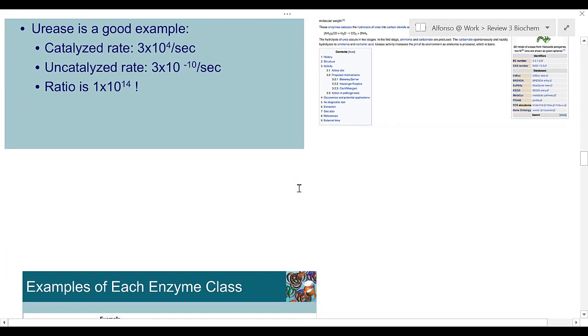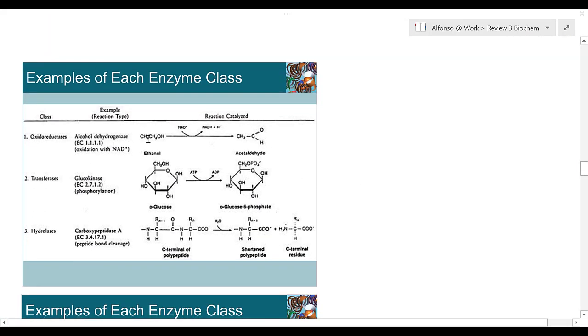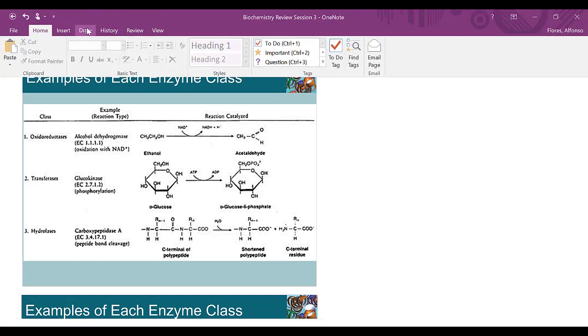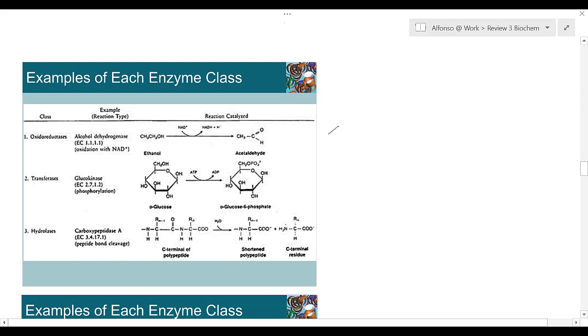All right, and so these are examples of each enzyme class. Enzyme class 1 are the oxidoreductases. And if you look here, this CH3CH2OH, that's ethanol right there.